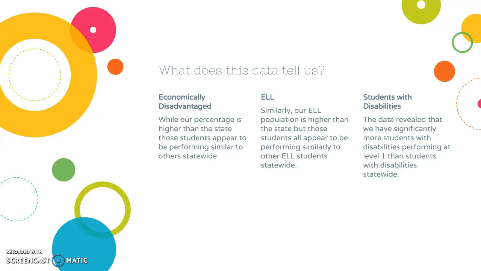Our ELL population seems to be higher than the state, but those students are performing like other ELL students across the state. And now our students with disabilities, the data did reveal that we do have significantly more students performing at level 1 than students with disabilities statewide. So that's a piece of data that I would want to look at on how we can bring that number up.